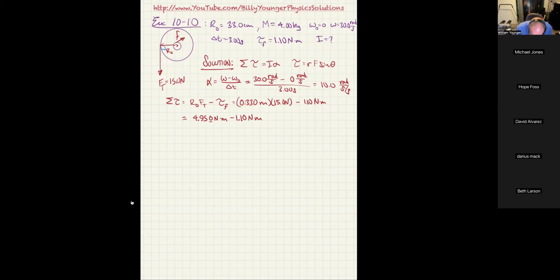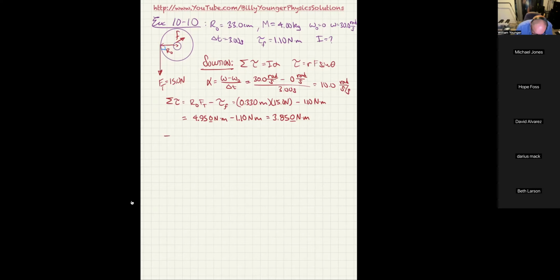And that gives me 3.850 Newton meters is the torque. And we're just asked to calculate the moment of inertia, so that's easy enough.